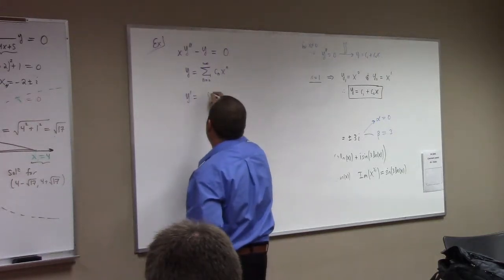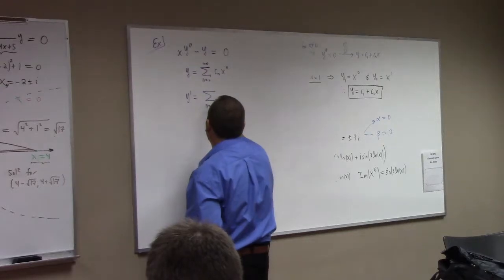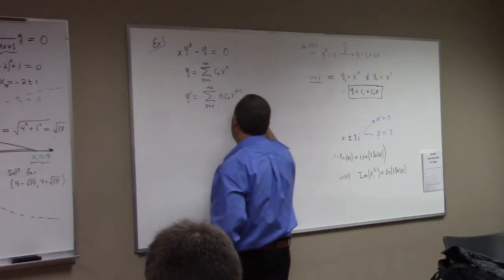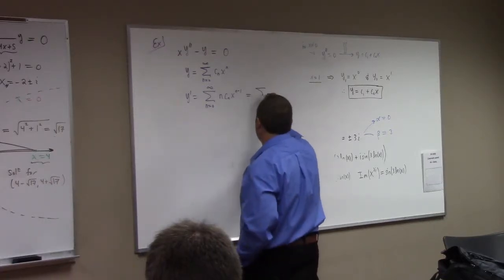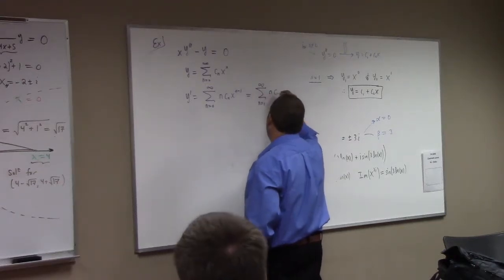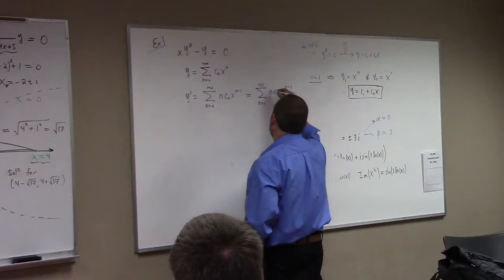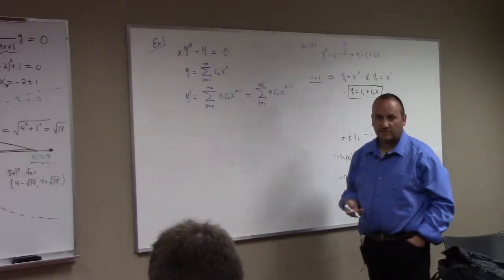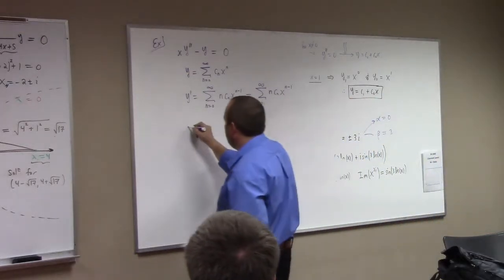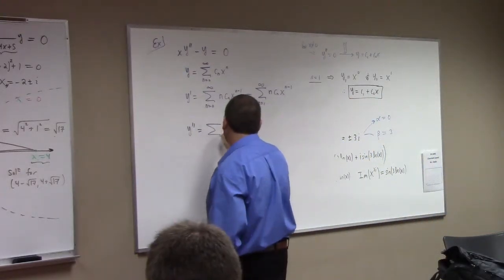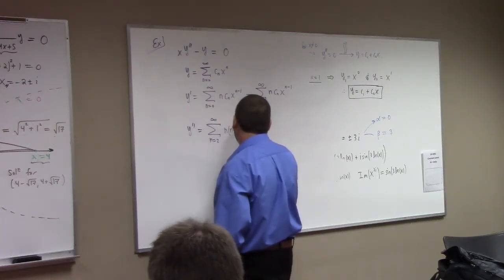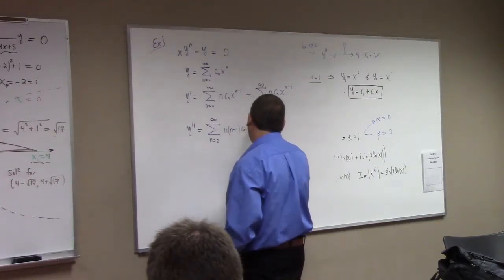So y prime is the sum, n equals 0 to infinity of n Cn x to the n minus 1, which of course we could drop the n equals 0, and just say n equals 1. Why is that? Because n equals 0 is just the constant, which is 0. y double prime is what? Similar calculation, n equals 2 to infinity of n times n minus 1, Cn x to the n minus 2.